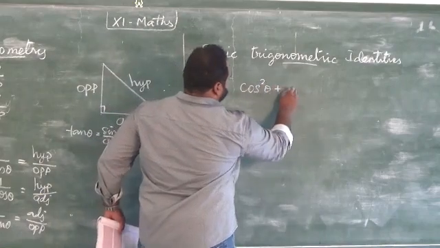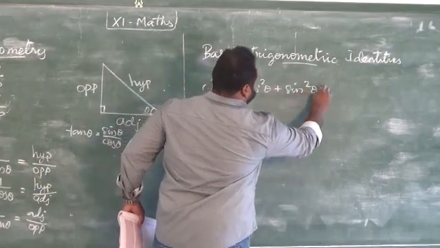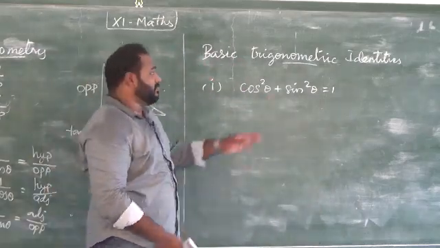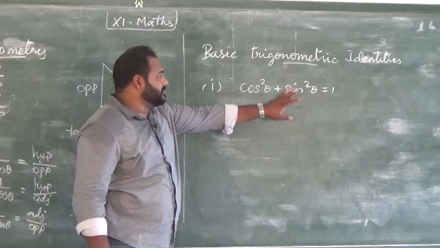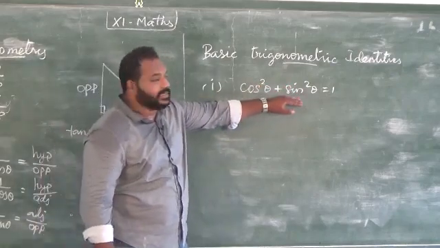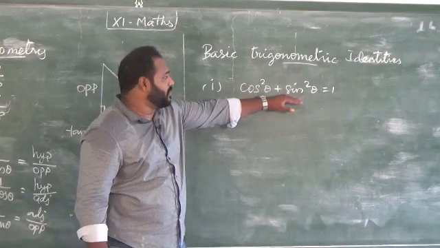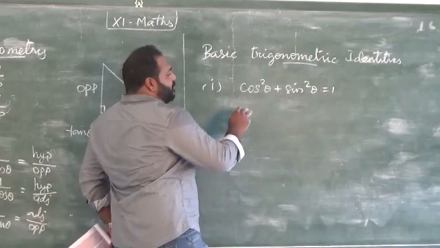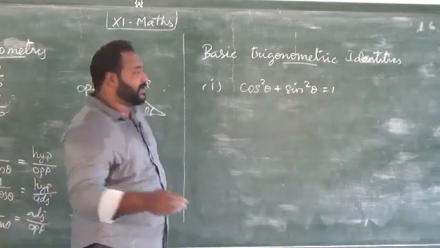cos square theta plus sin square theta equal to 1. This is the very first identity and a very important identity, because we use it in so many places to solve so many problems. By this identity I am going to derive another 2 identities.